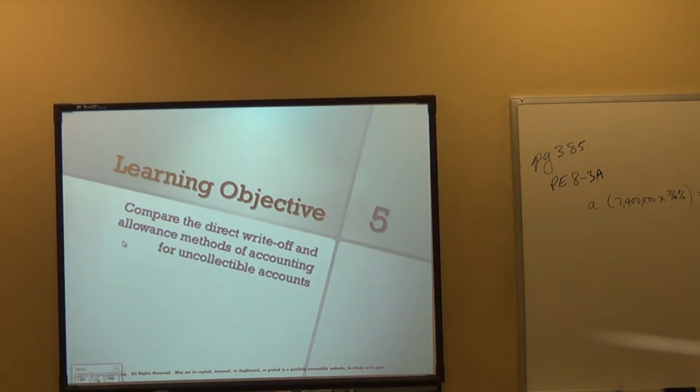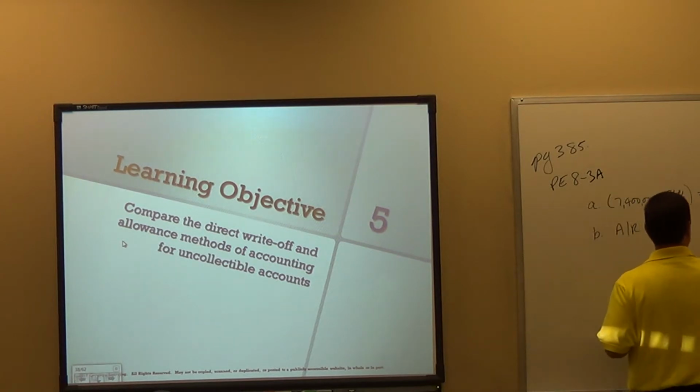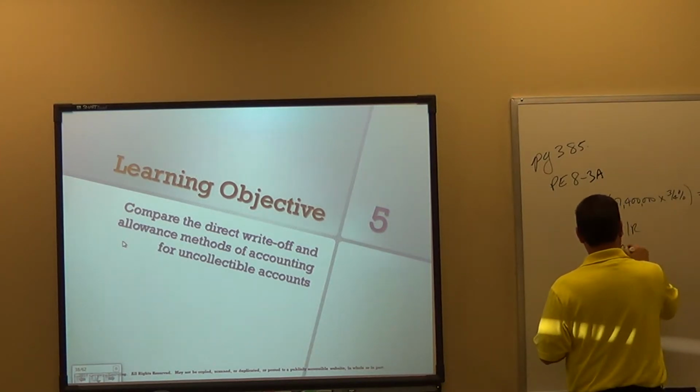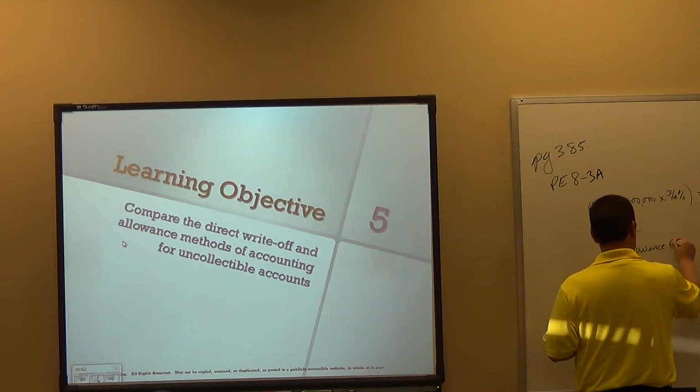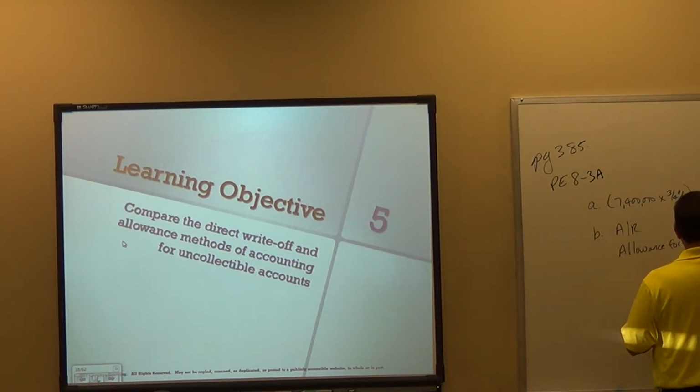Questions on how I came up with that? So our accounts receivable then is 685,000. Give this to us. And then our allowance, call it doubtful accounts, DA. 64,500, which is 5,000.